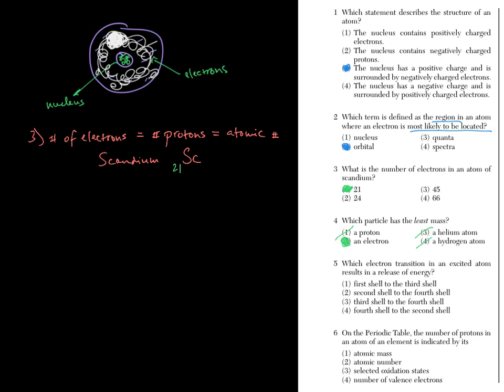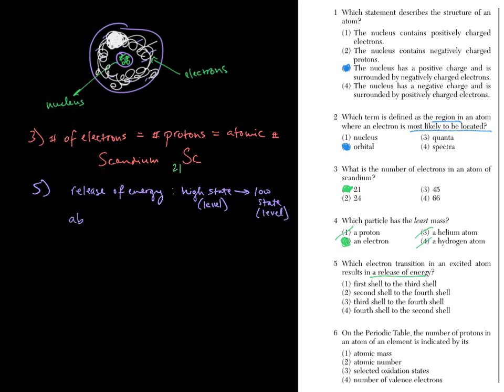Number 5, which electron transition results in a release of energy? Okay, so for number 5, release of energy means you're going from a high state to a low state. Or not necessarily state, but level.